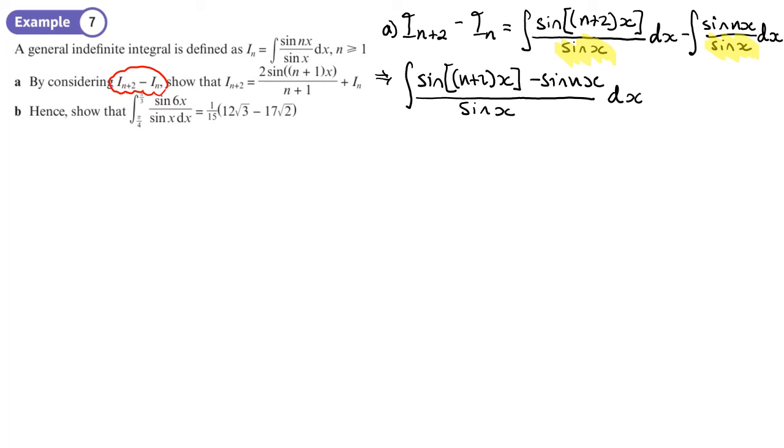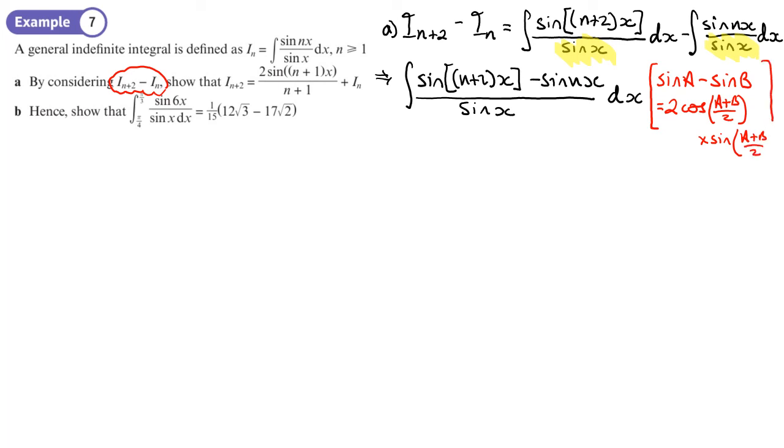Now there is a way of quickly simplifying this, and it's using this, that sine A minus sine B is equal to 2 cos of (A plus B) over 2, times sine of (A minus B) over 2.